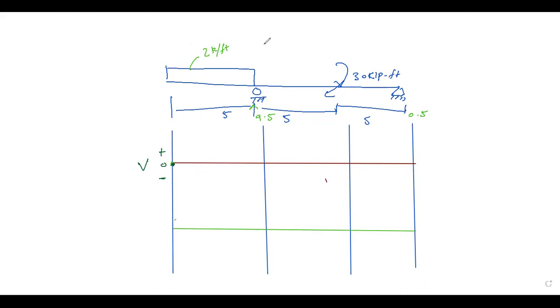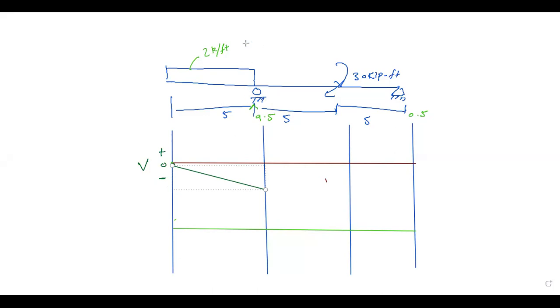Okay, from 0, it is 2 times 5, minus 10. So 0 minus 10, minus 10. It is from here to here. Then we have an upward force at A of 9.5 magnitude. So minus 10 plus 9.5, it will be negative 0.5.